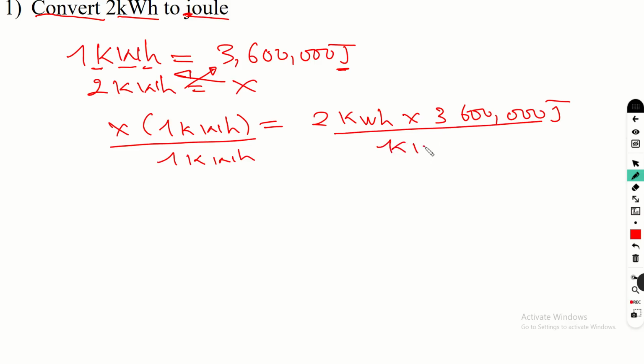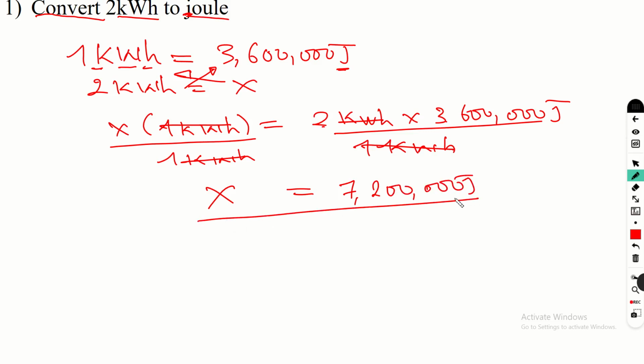This one cancels this, this one cancels this. Here we are left with X equal to 2 times 3.6 million, that's 7,200,000 joules. So 2 kilowatt hour is equal to 7,200,000 joules. So that's your response. Are you okay? Good. Hope you have it correct.